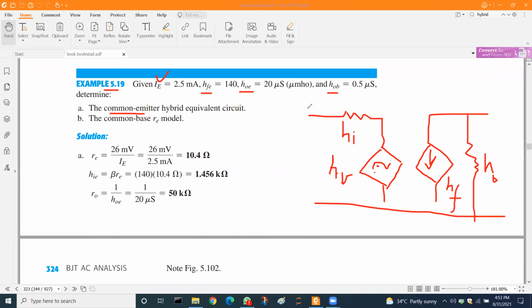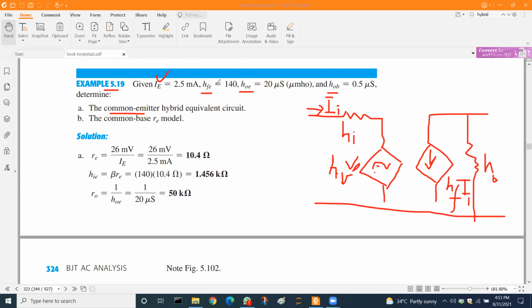Okay, obviously the input current has to be here as well. And similarly, the output voltage should be here. The output voltage. So this is the hybrid equivalent model.